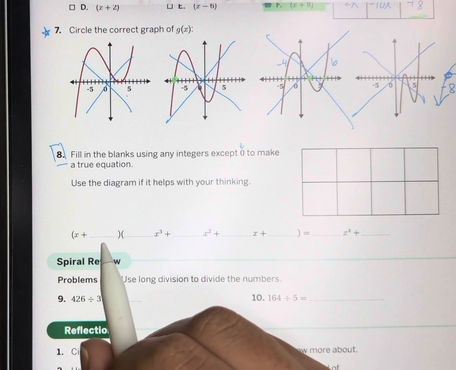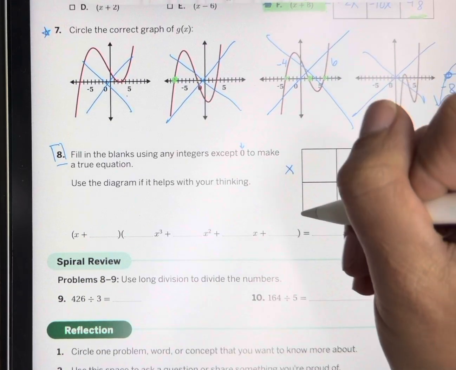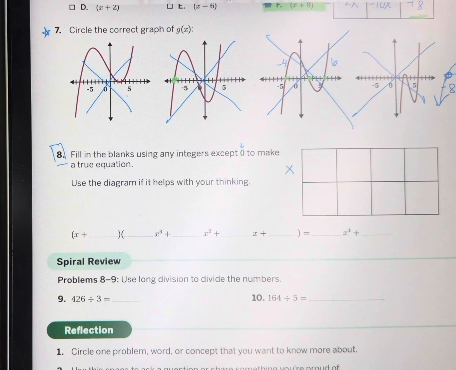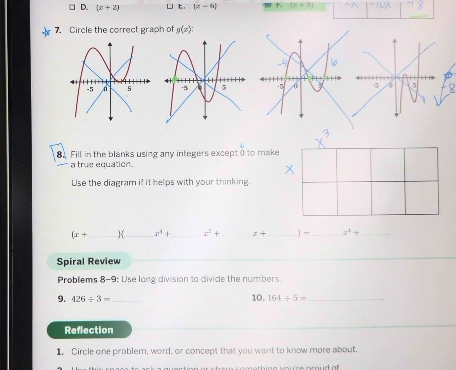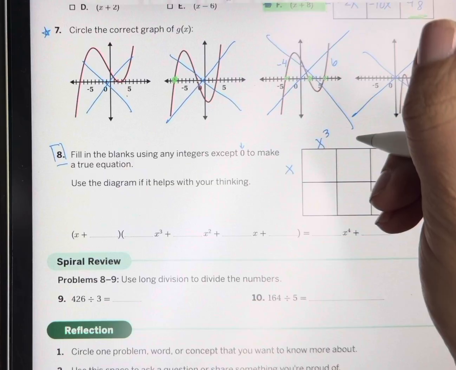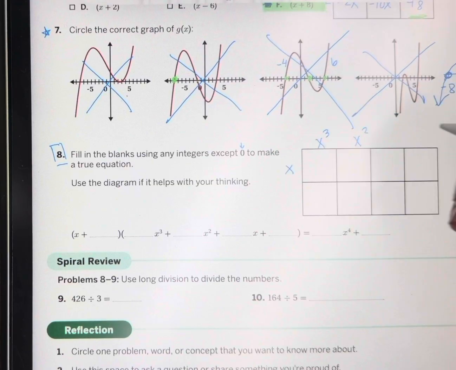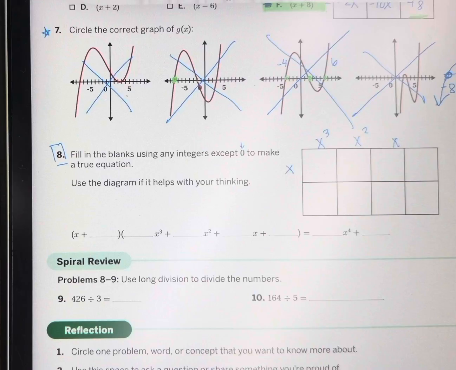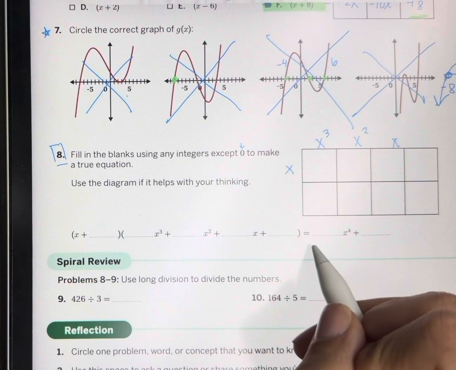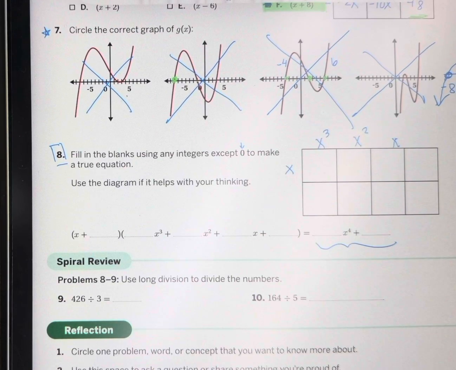They want x plus something, to multiply and become something x cubed plus something x squared plus something x plus something. Okay, and then they want my final answer to be just these two terms, like an x to the 4th plus something. So let's go figure out if we can put some stuff to some of these somethings.